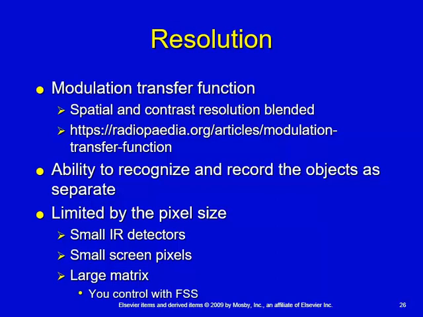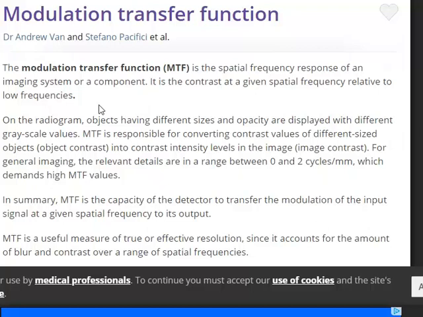So modulation transfer function is kind of new to computer processing. It is spatial resolution and contrast resolution kind of blended. So we've got a definition here I'll bring up. Modulation transfer function is spatial frequency response of an imaging system or a component.